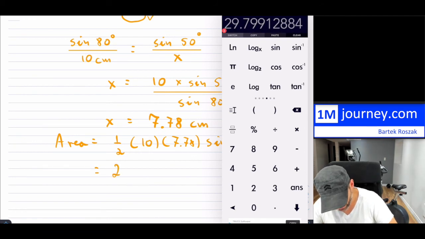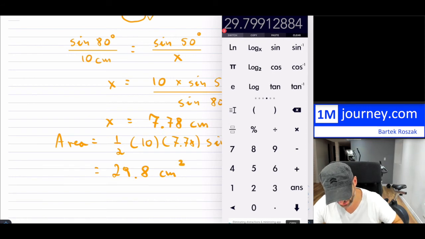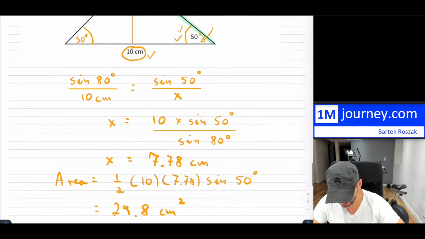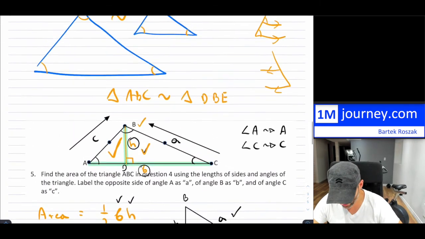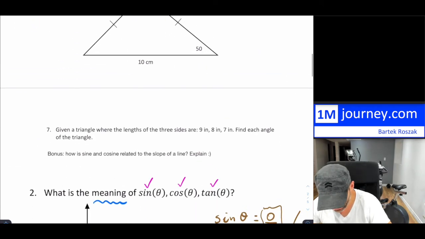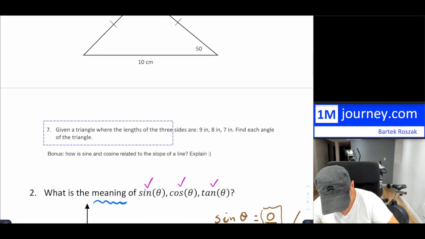And we have 29.8 centimeters squared, rounded to 1 decimal place. So that's question 6. And now for question 7, right here.